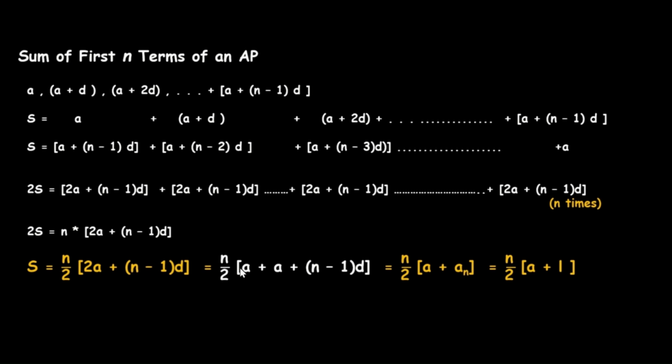Sometimes they may simply indicate n, the first term and the nth term, then we can use this formula. Or sometimes they can indicate n, the first term a and the last term, then we can use this formula. So depending on the question given, we can use one of these formulas to calculate the sum of the first n terms.